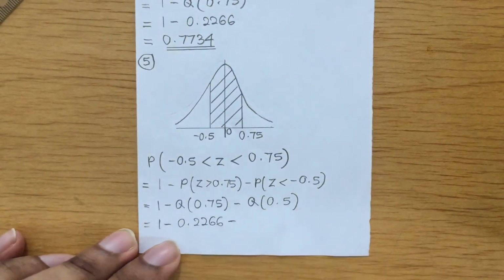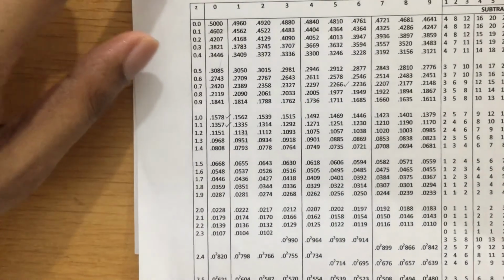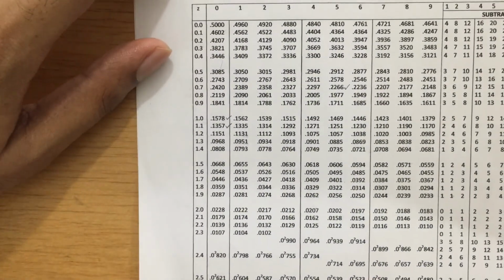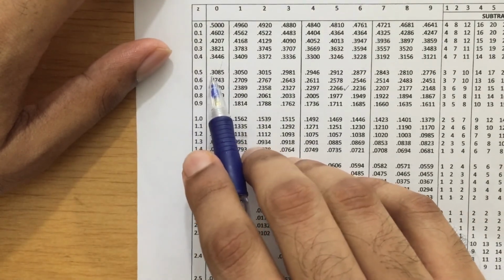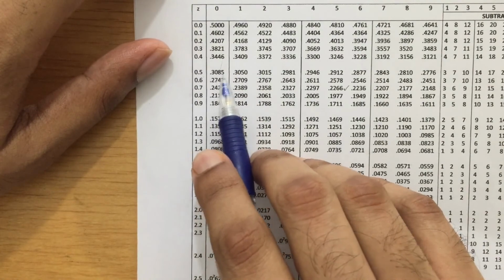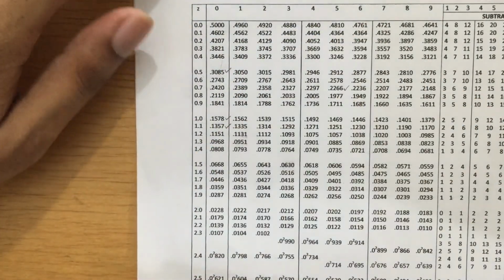The 0.5 we haven't found yet, so let us find this together. Let us look at the Z table. As you can see over here in the Z table, your 0.5 value is 0.3085. Let us write this value in our working.